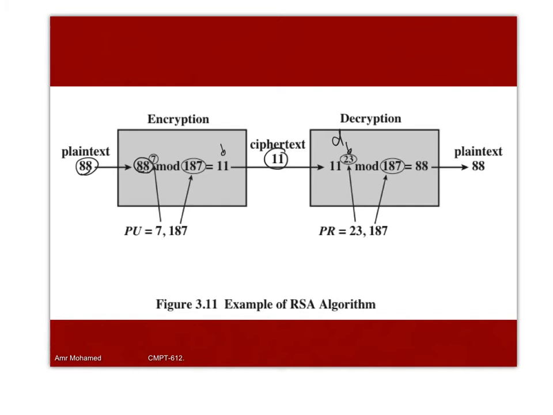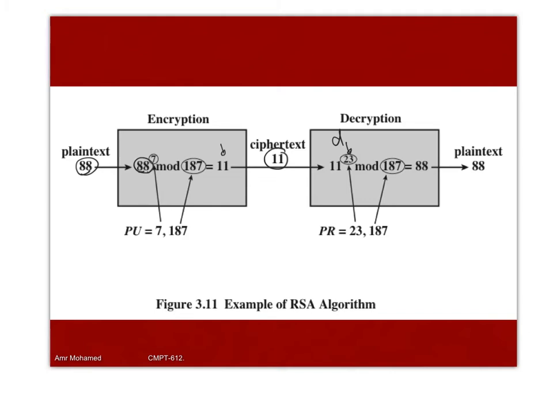But assuming that we get this information, we will now learn how to calculate D systematically using the Euclidean procedure, or the Euclidean algorithm, or the extended Euclidean algorithm. We'll talk about that.